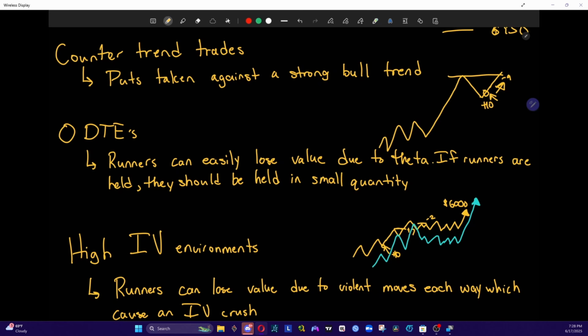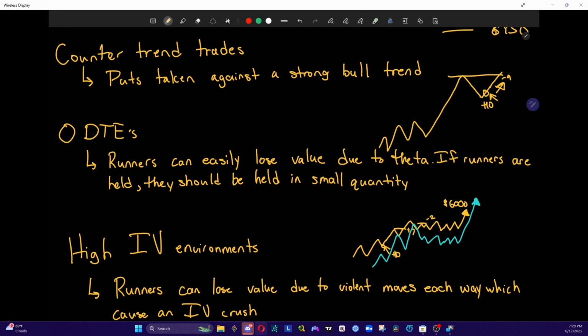If you buy in a high IV environment, your contracts are already inflated, because the contracts are pricing in a very volatile, steep move to the upside or downside. But if the stock is not moving that much, obviously the IV is going to be lower, because the contracts are not pricing in a sudden or very sharp move.